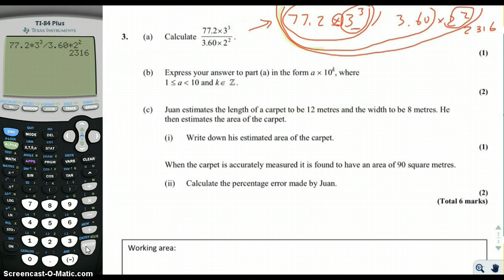But actually, we didn't mean for that to happen, because we want the 3.6 times 2 squared to be done first, right? Do you see what it's doing? It's dividing by 3.6, and then it multiplies the whole thing by 2 squared, but that's not what you want to do. You want to divide by 3.6 times 2 squared.